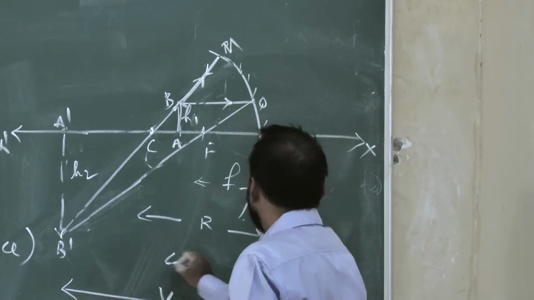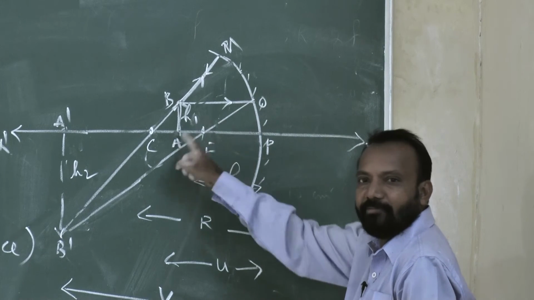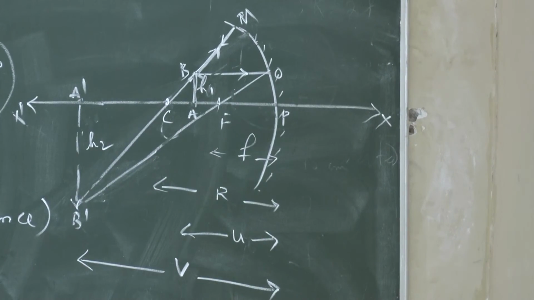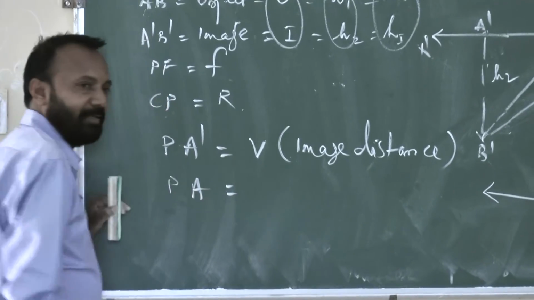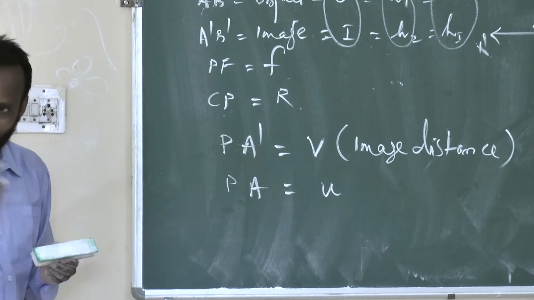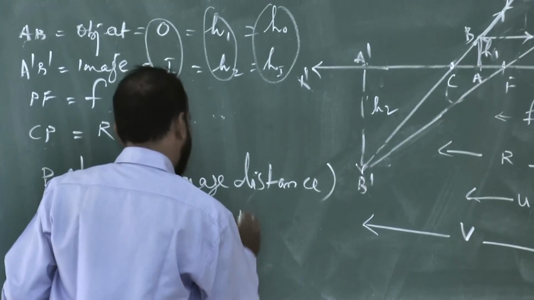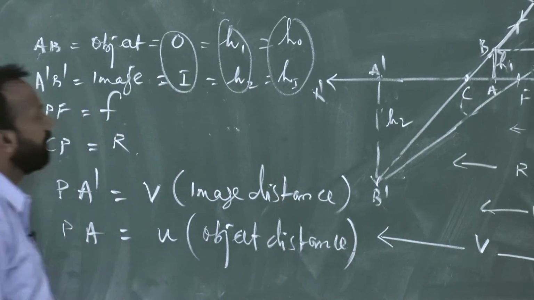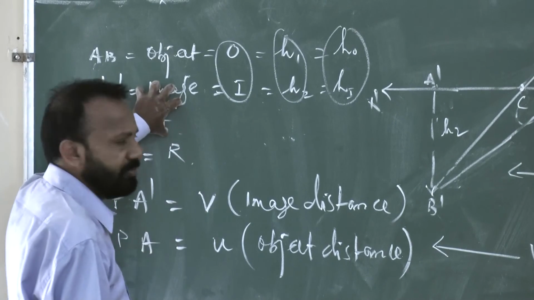From the A position to the mirror, mirror to object or object to mirror, that is P A. That is your U. That is your object distance.